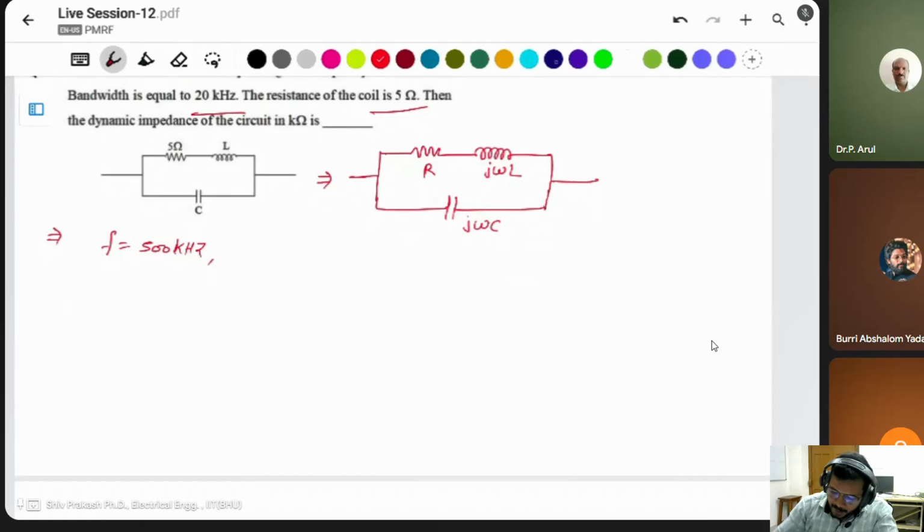In this case, what is the total impedance Z?